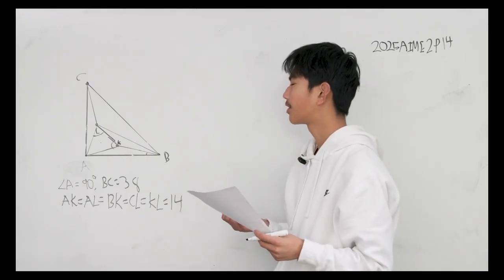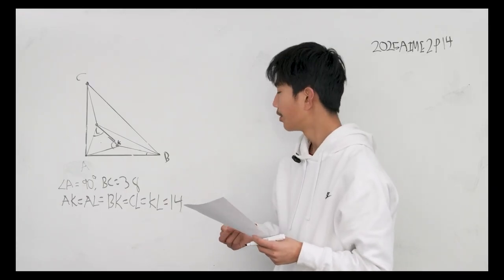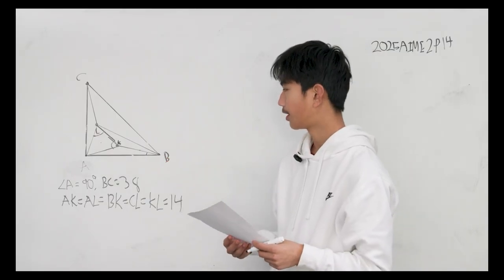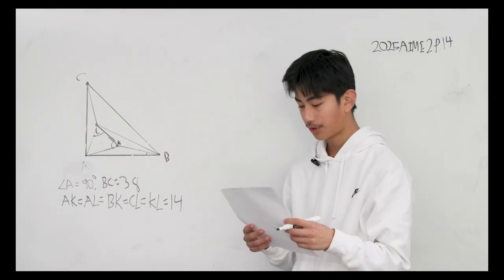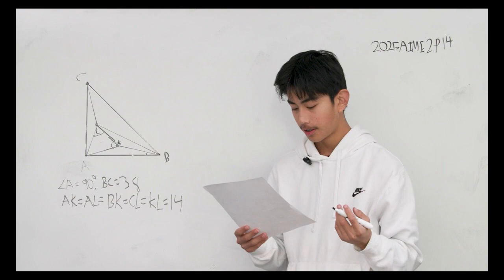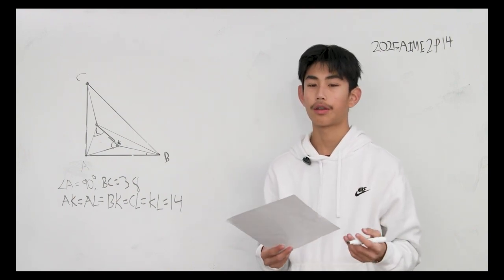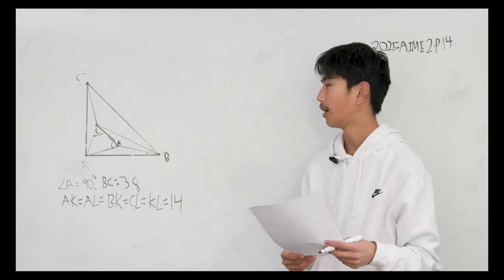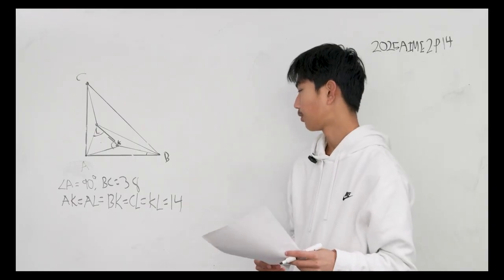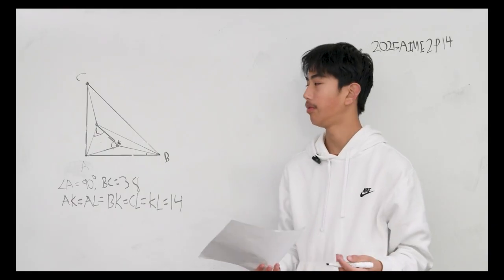So the main insight for this problem is you basically do all this angle chasing to eventually find the desired area. So you want to find a desired angle that will greatly help us solve this problem.